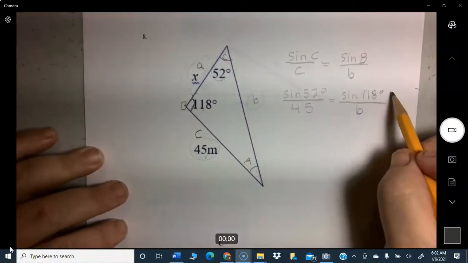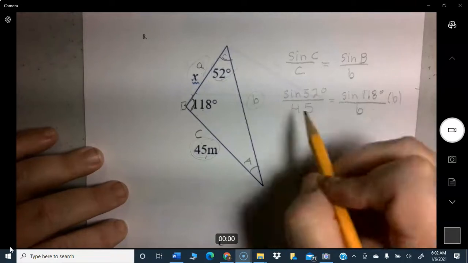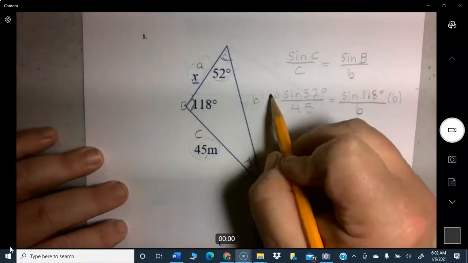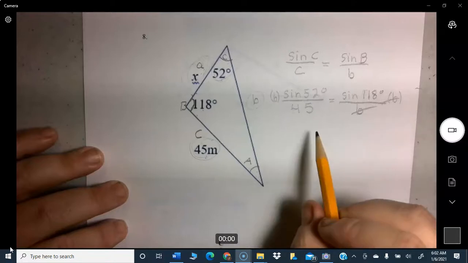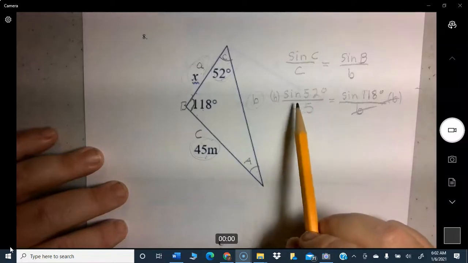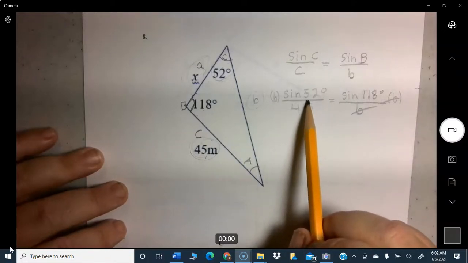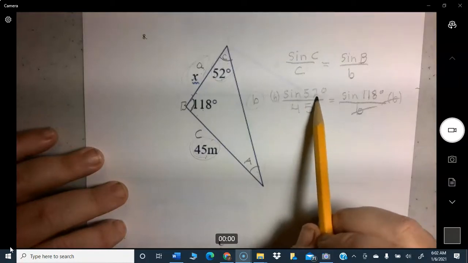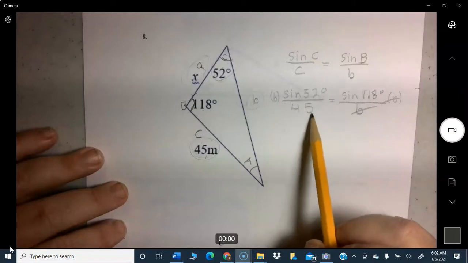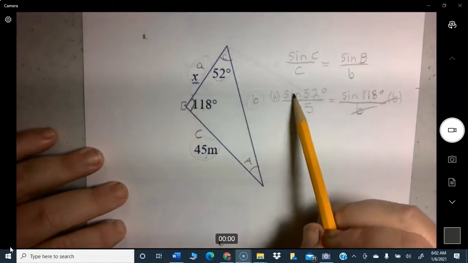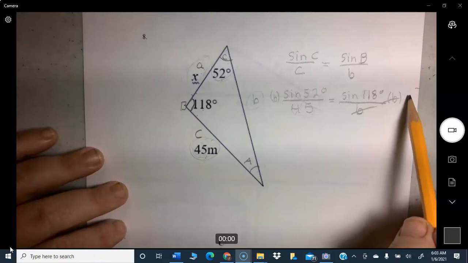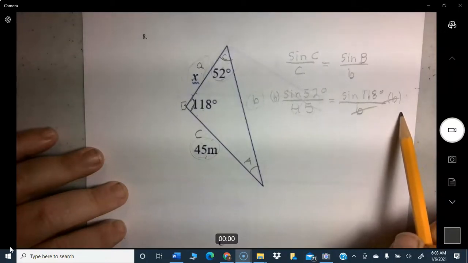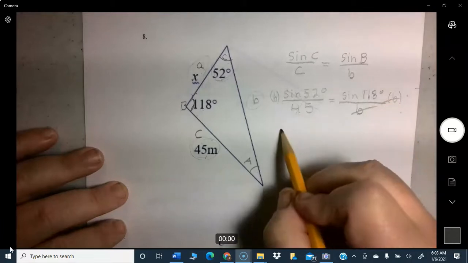Again, what I'm going to do is multiply both sides by B. These cancel. So again, I'm going to shortcut this. If this algebra is tricky for you, let me know. I need to get B by itself, so I'm going to divide both sides by sine 52 and multiply both sides by 45. That means these two are going to cancel out on this side, and they're going to appear over here: 45 on the top and sine 52 on the bottom.